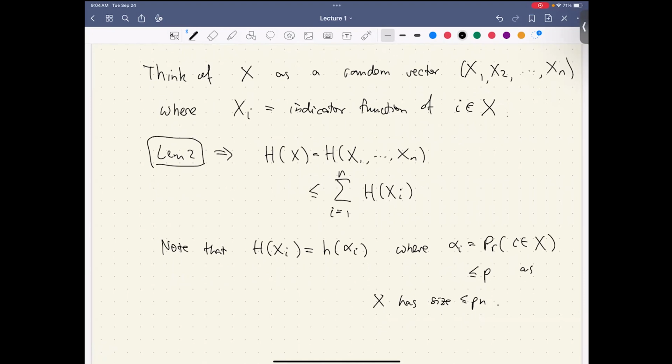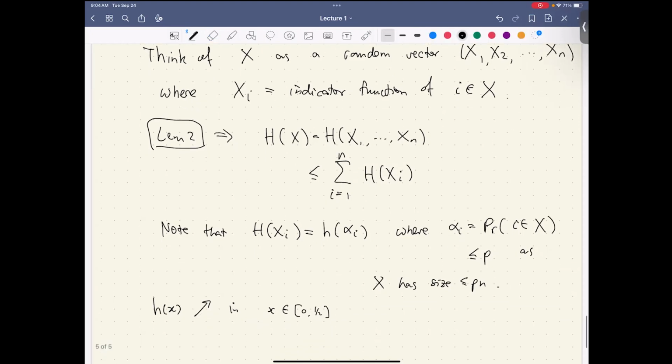It's easy to check that this binary entropy function is increasing in the range 0 to 1/2, and our p is chosen in this range 0 to 1/2. So this is maximized when we take alpha_i to be the maximum, which is little p.